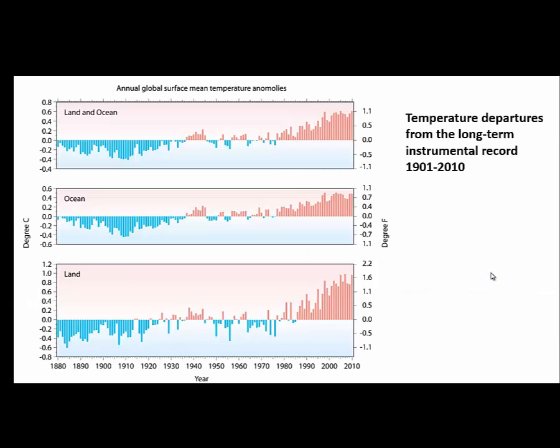But if we switch to this one, we can see, if you go back to 1880, we can take a look at how temperatures were cooler then. And if we go on up to 2010, both on the ocean sea surface temperature from the middle graphic and the land graphic, our instrumental record, in other words a temperature record, is showing us quite clearly that temperatures are increasing.